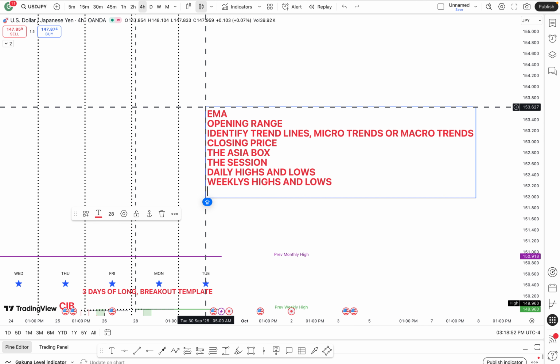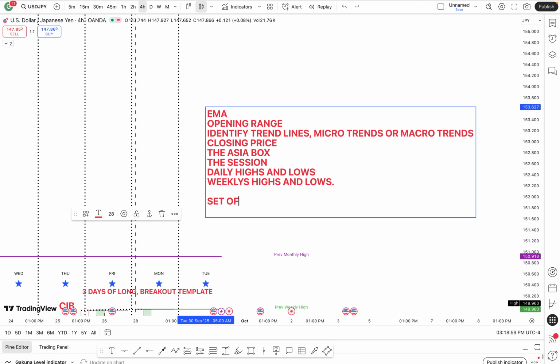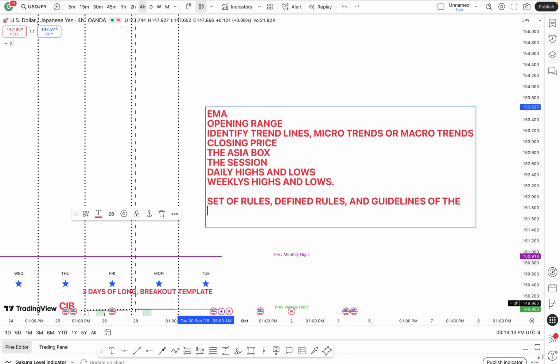Now also, what you need is a set of rules, not just rules, defined rules and guidelines of the market you are trading. Now, all markets trade the same.